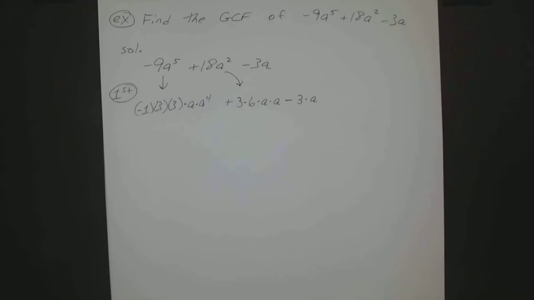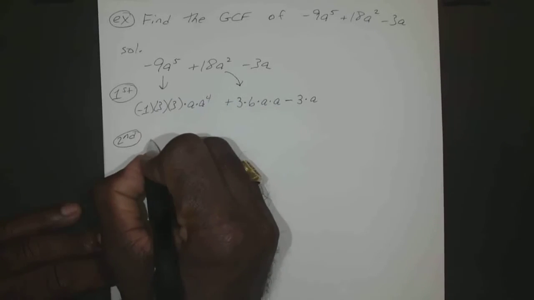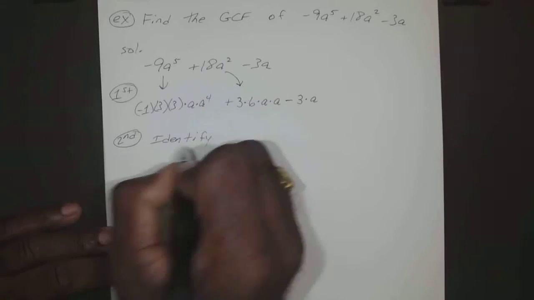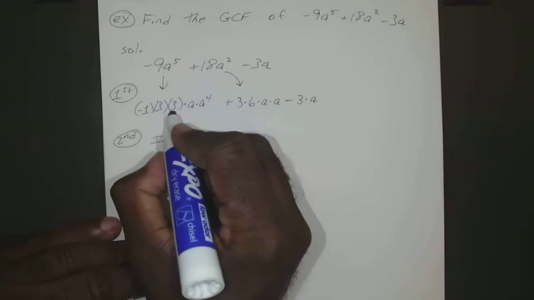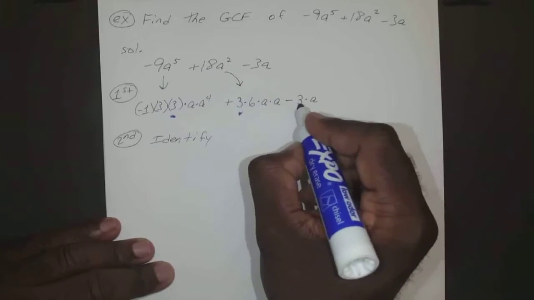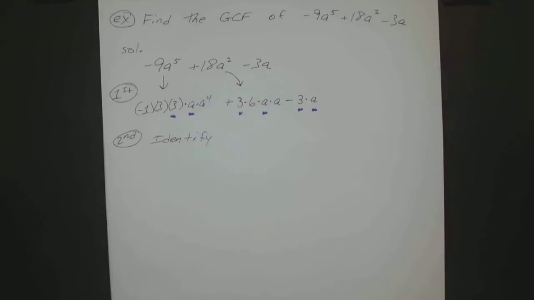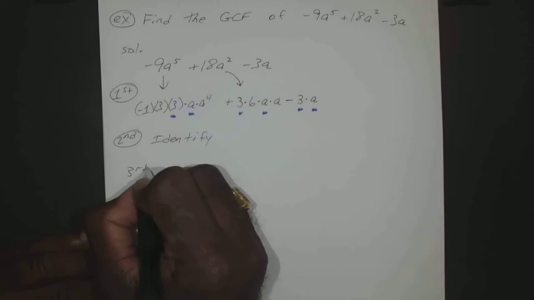Okay. Now your second step is just going to identify what they have in common. Okay. So you know that they have a 3 in common. And they have an a in common. Okay, which brings us to our third step.